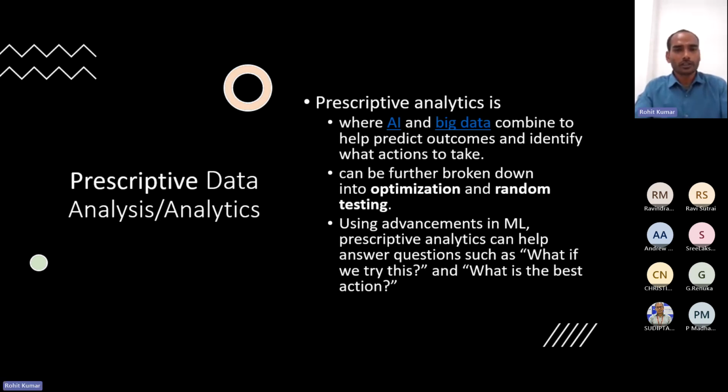We want some sort of authentic advice, the authentic analysis. That's why prescriptive data analytics is important, but you can't do it alone. You need tools and techniques which give you the assurance that what you are getting is supposed to be right. And that's why the role of AI and big data comes into the picture.